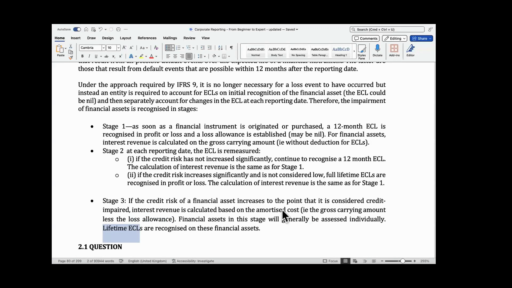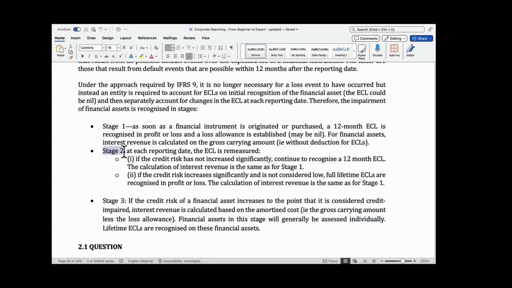And you see that at this stage now, you need to individually sit down on the financial assets one by one so that you will know which one you have lost. You need to assess it one by one, because at this level they have defaulted, so you can easily know the ones that have defaulted. At stage two and stage one, you don't have to sit down, especially for those companies that have plenty of investments, portfolios of investments.